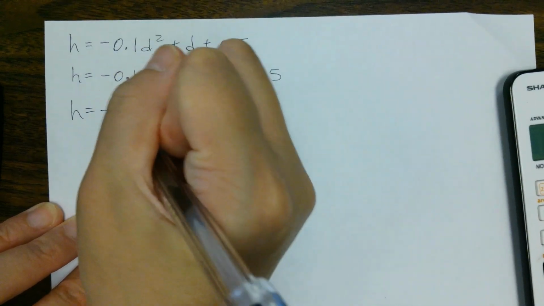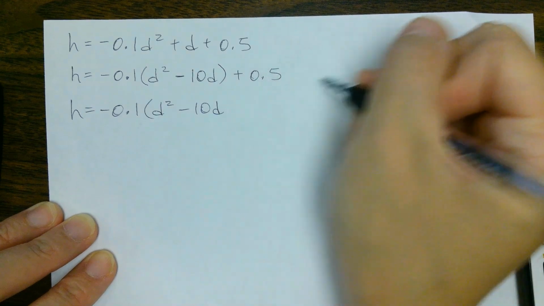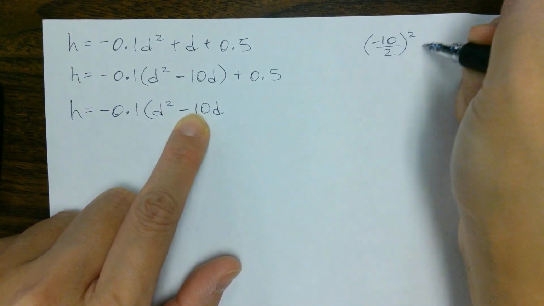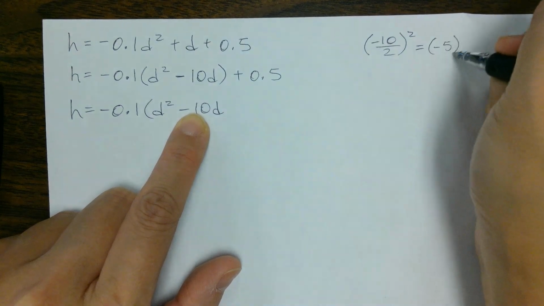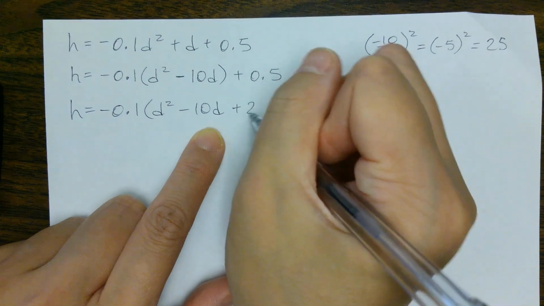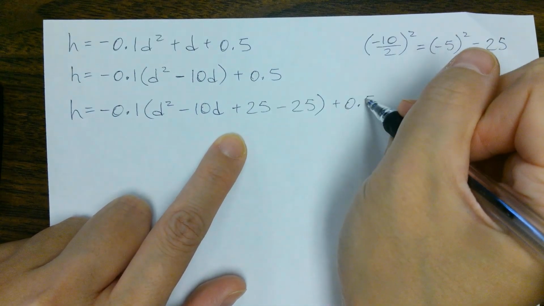Okay, so what I did here was 1 divided by negative 0.1, and I got negative 10. Second step, take half of b, so half of b, negative 10, divided by 2, and then square it. So negative 5 squared, which gives me 25. So I'm going to plus 25 minus 25. Okay.